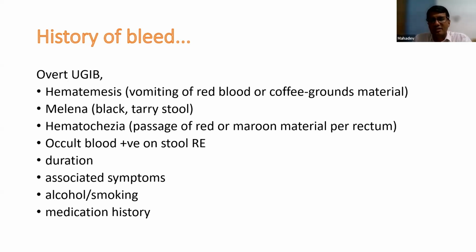Is the patient smoking? It's a risk for peptic ulcer disease. And as I told you earlier, we have to have a thorough, detailed medication history. We need to see what are the medications which can cause erosions, what are the medications which can inhibit platelet aggregation and increase coagulopathy leading to increased bleeding. So all this medication history we need to take.